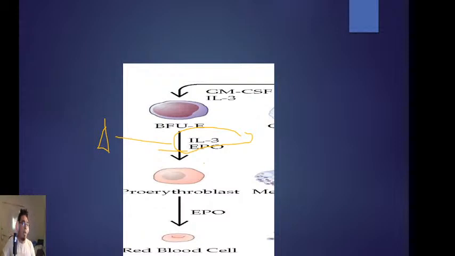So with the stimulation of these two stem cell factors, it can become a pro-erythroblast. Although it says red blood cell at the end, it's a summarized version. Of course, there are several stages a pro-erythroblast needs to go through before it becomes a red cell.